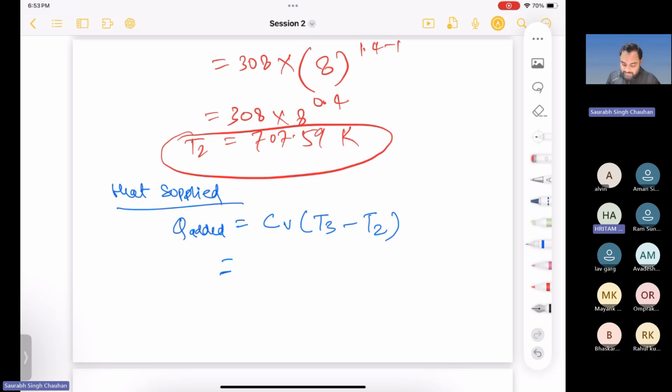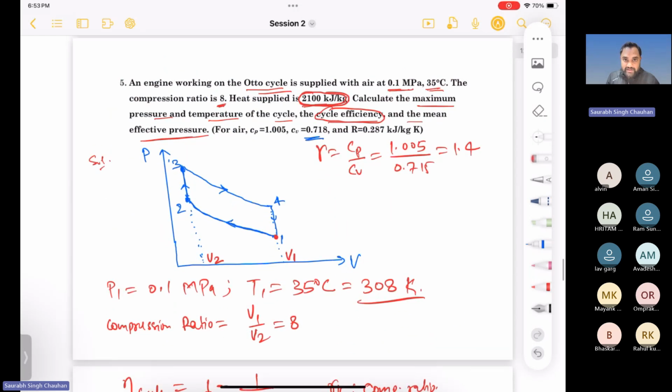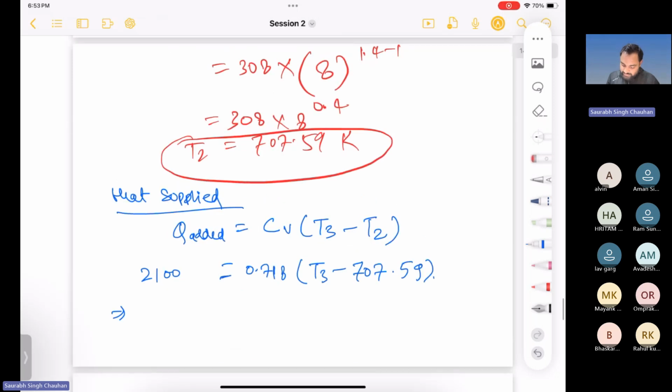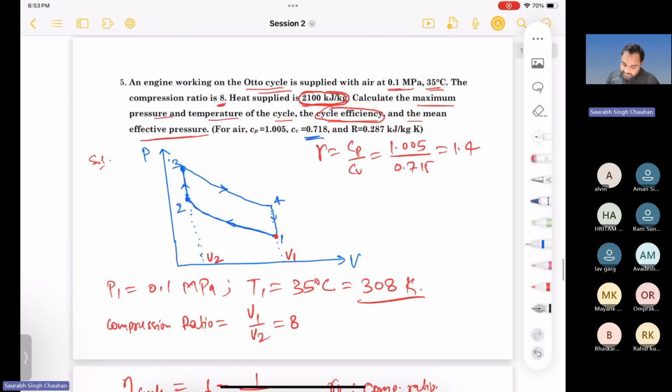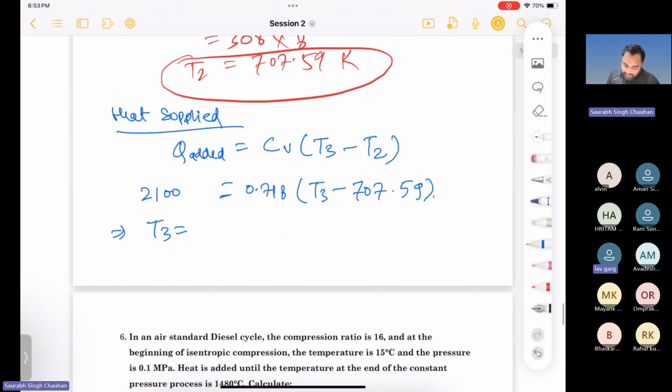Is that clear? So heat addition is given as 2100, and Cv is 0.718. T3 we don't know, and T2 we have just calculated as 707.59 Kelvin. The units are kilojoule per kg.